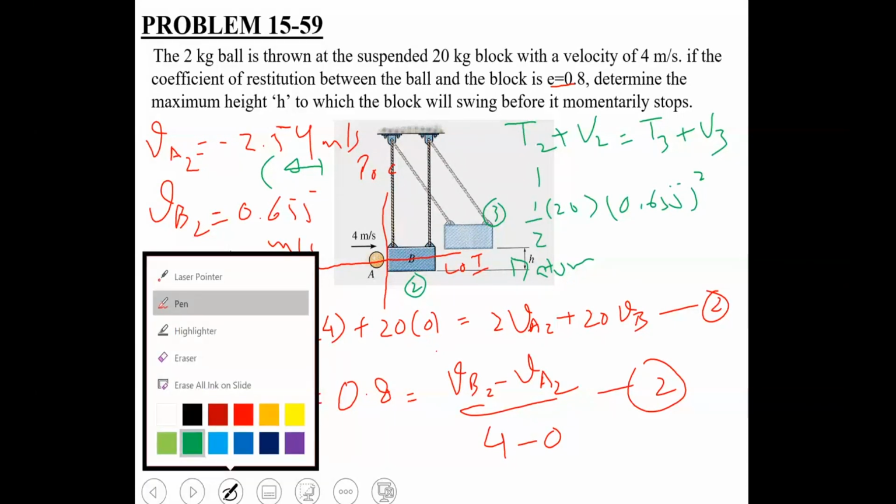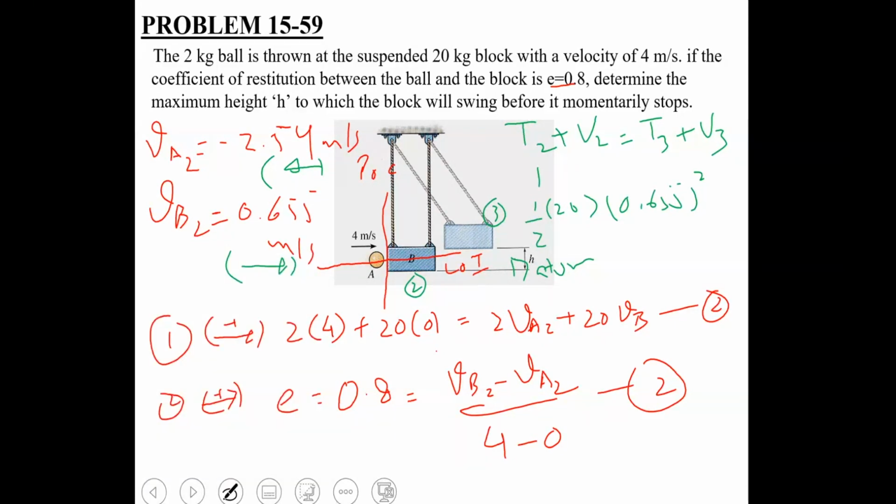If the datum is defined at position 2, what is the gravitational potential at the datum? 0. What about T3? 0. Since T3 represents the kinetic energy of this particle at position 3, the position of maximum swing, once the block has attained maximum height, the velocity is going to be 0 at that maximum height.